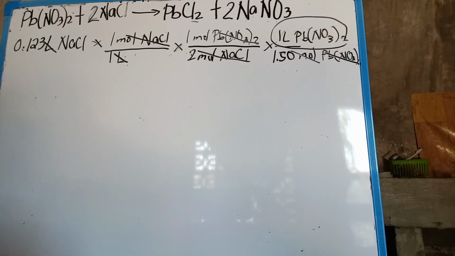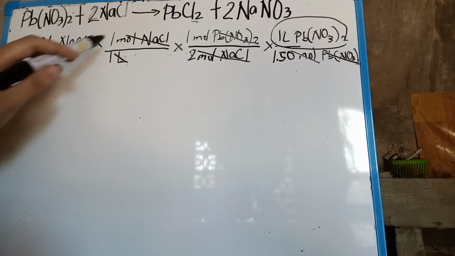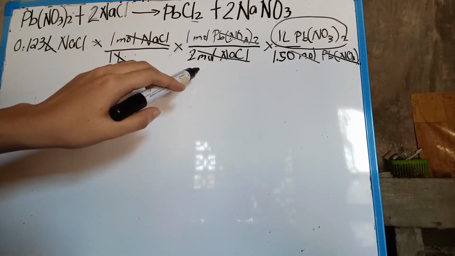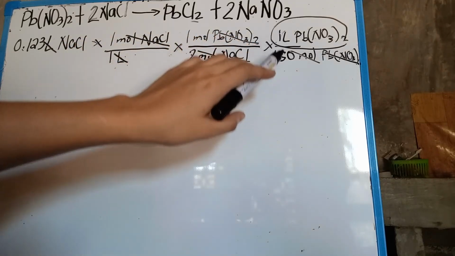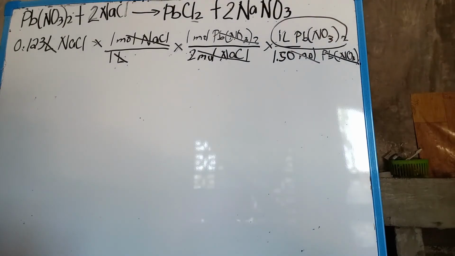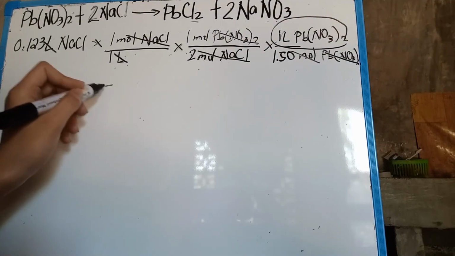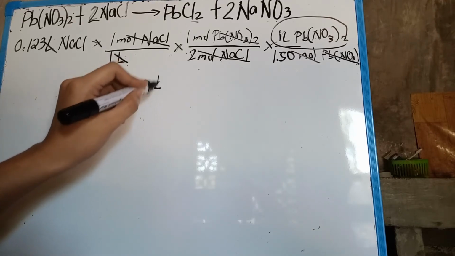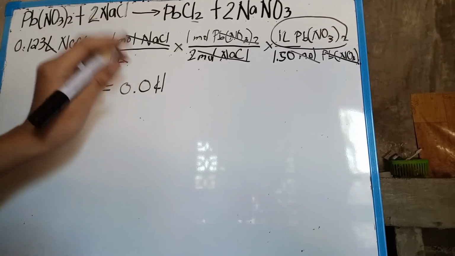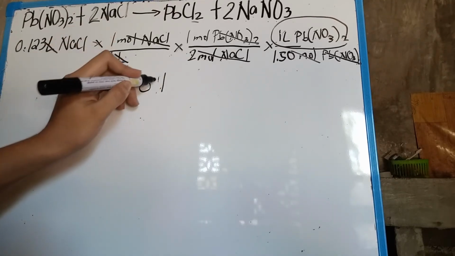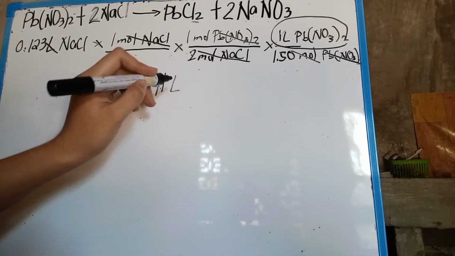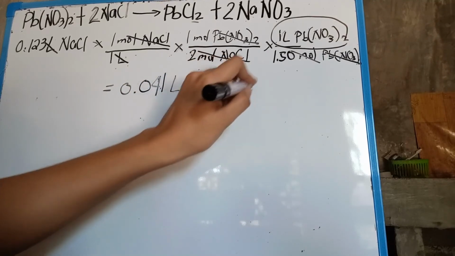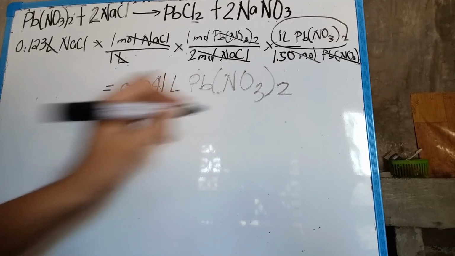So here we are. We can now get our volume of the lead nitrate. So 0.123 multiplied by 1 mole divided by 1 liter, multiplied by 1 mole divided by 2, then multiplied by 1 divided by 1.50. So our final answer is 0.04141 liter of Pb(NO3)2.